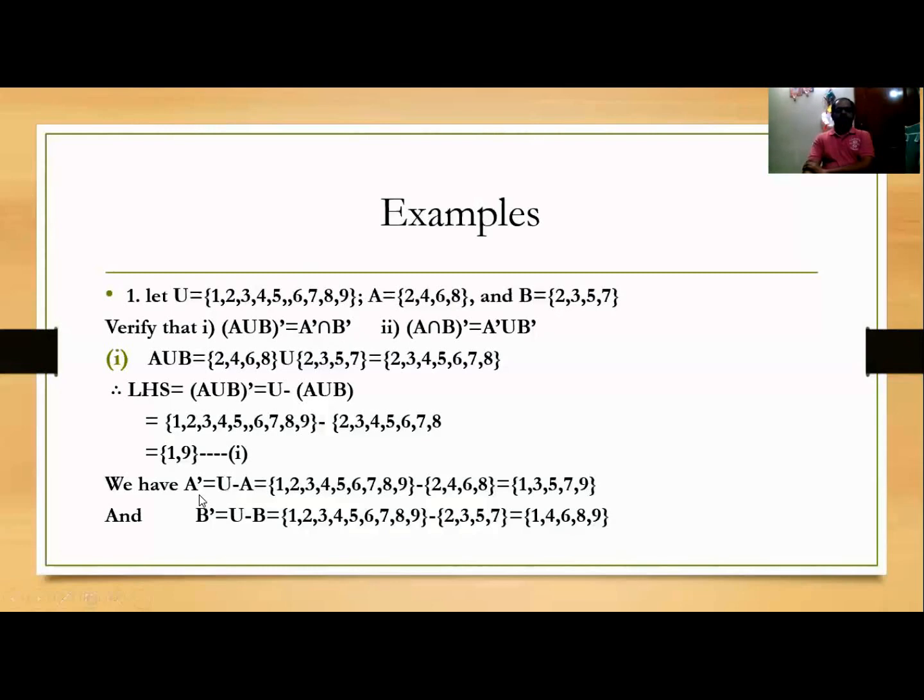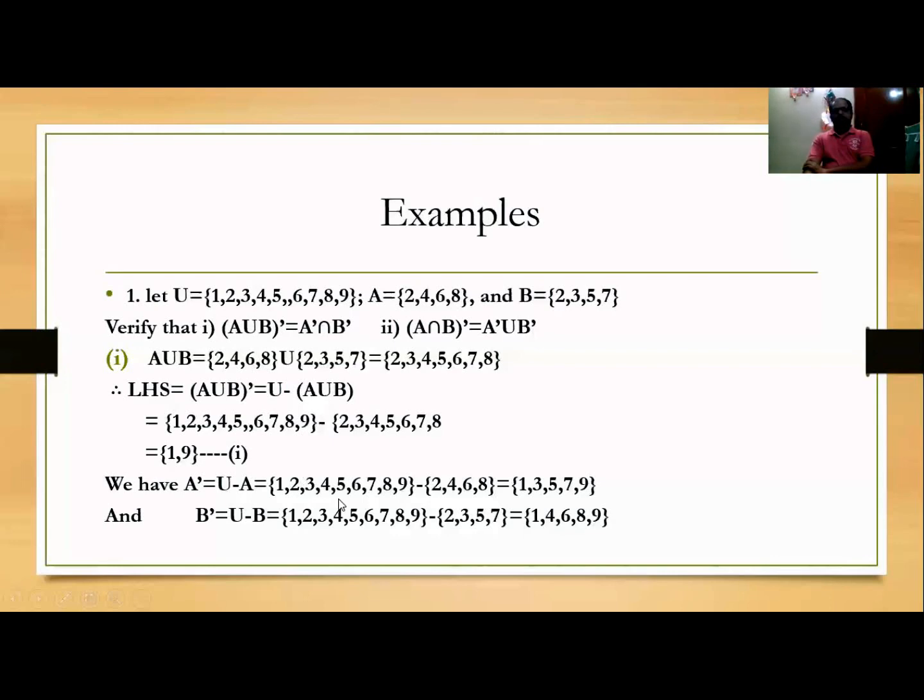So what is A dash? A dash is the set of elements which are present in U but not in A, that is U minus A itself. So find U minus A. The elements in A are 2, 4, 6, 8. Are they present in U? Yes, they are present.